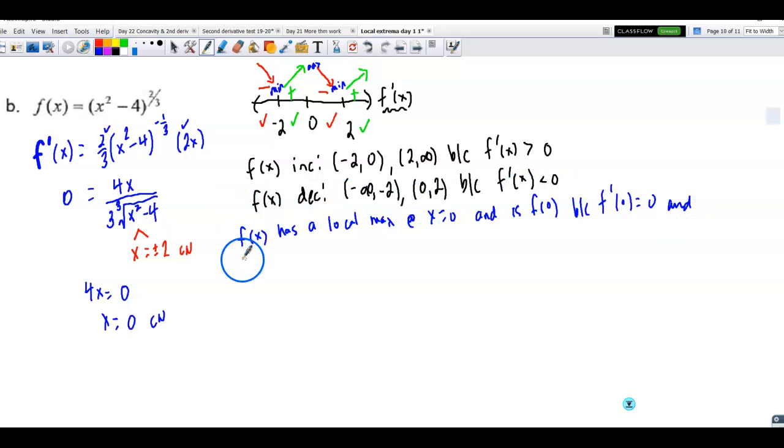And the first derivative, be careful that you name everything correctly, changes from positive to negative, since we're doing the max.